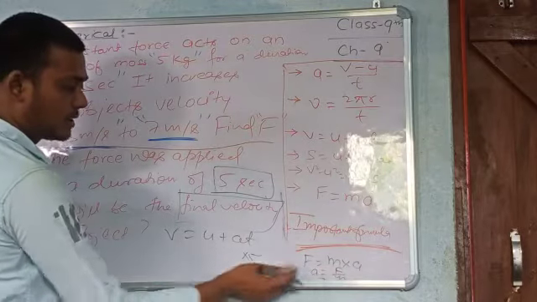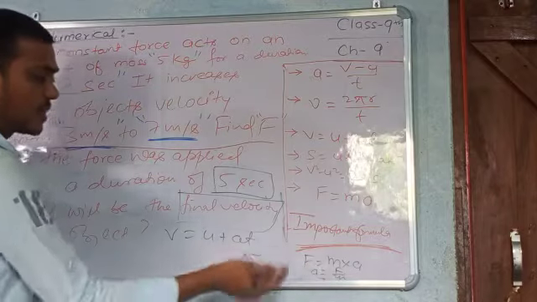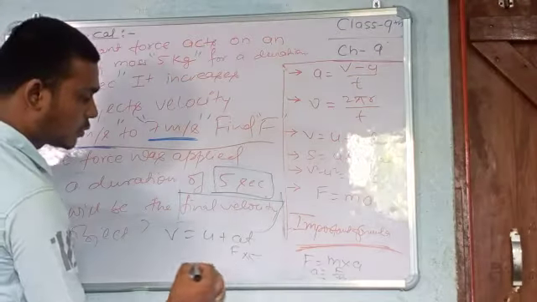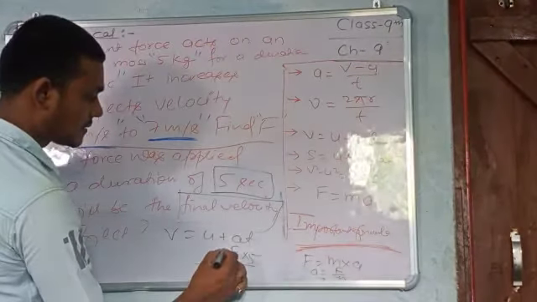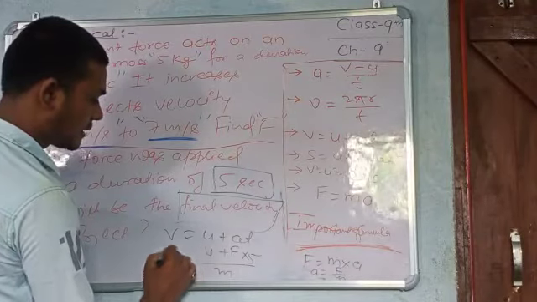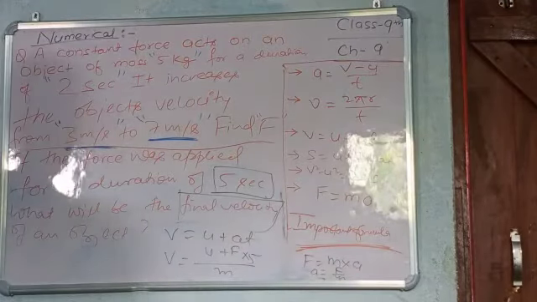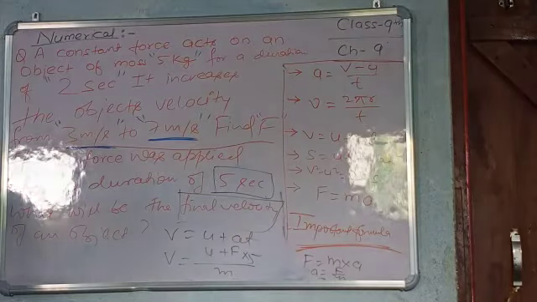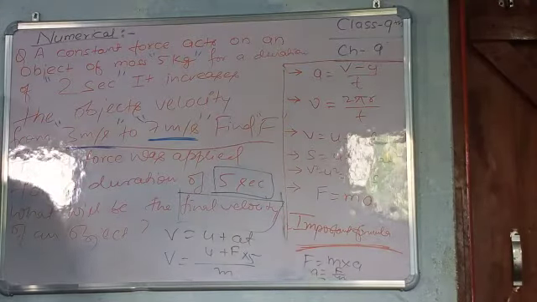So we put the value of acceleration in terms of force and mass: v is equal to u plus force into time upon mass.